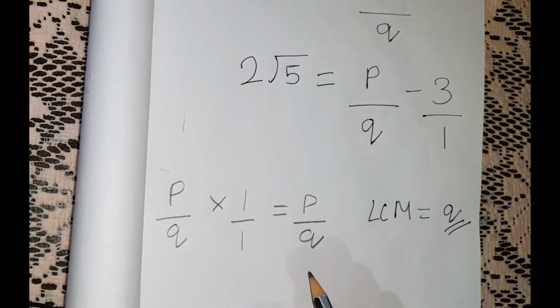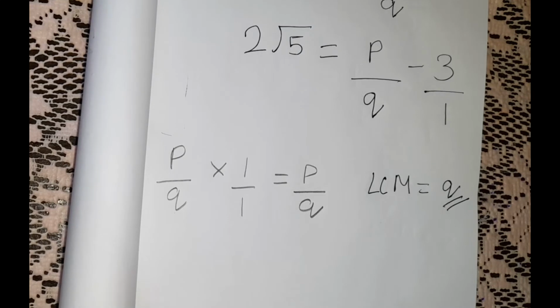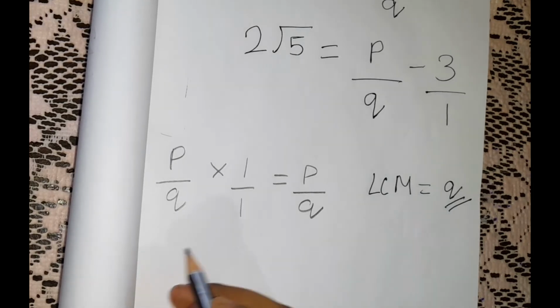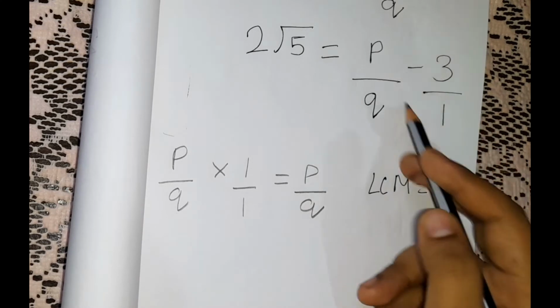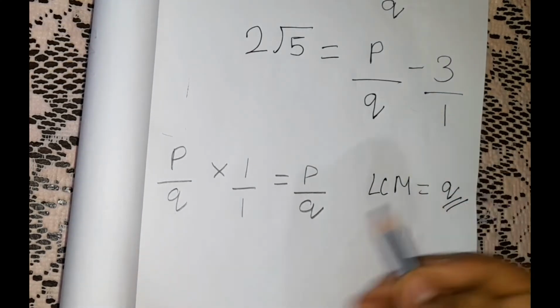Now it is p by q. You might ask, why am I doing it like this? Because after taking LCM we are supposed to do it like this. This is very important, you should remember this. We had already studied this in 7th and 8th standard. I guess you remember those. So now it is p by q, and next let's take the next term, that is 3 by 1, so it is minus 3 by 1.